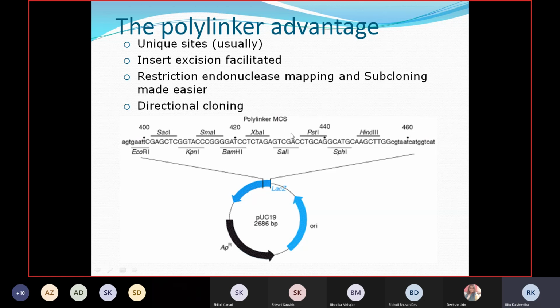But if it has been cloned in the opposite direction, then hardly it will be, let's say, a 20-30 base pair fragment that will come out. So this we had discussed previously also, but here with respect to MCS and its advantages, I'm just revisiting that. So various names have been given. It's called polylinker, it's called unique restriction enzyme site region, or it is also called multiple cloning site region.